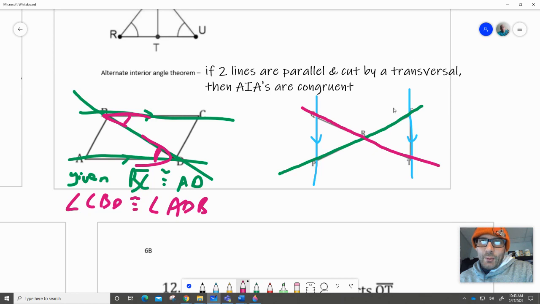And now what happens is this angle Q is alternate interior to angle T, and this angle P is alternate interior up here to angle S. So if these two lines are parallel, we can make P congruent to S, and we can make Q congruent to T by the alternate interior angle theorem right there.